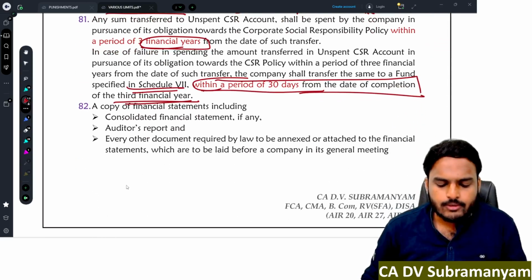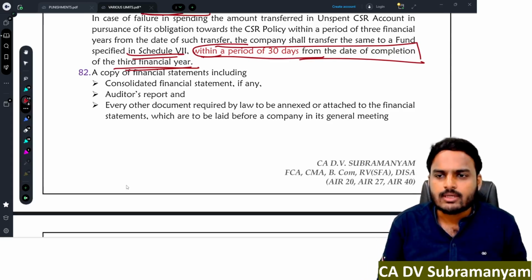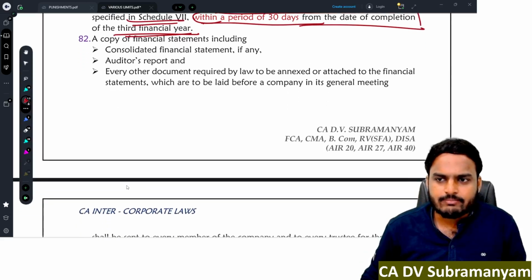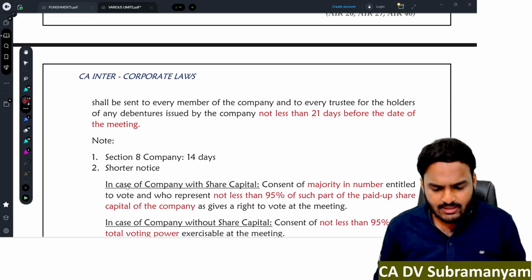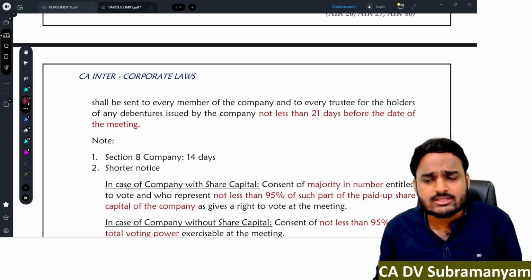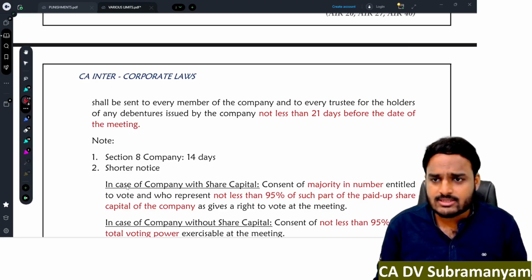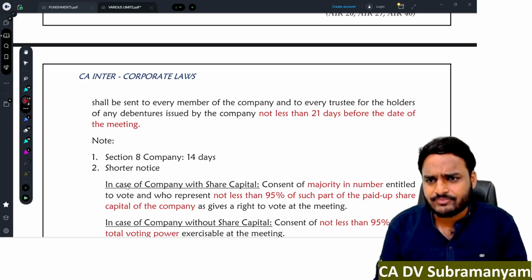Next one, a copy of financial statements including consolidated financial statement, audit report and other documents which are to be laid in the general meeting, shall be circulated among the members of the company and given to every trustee of the debenture holders, simply debenture trustee.